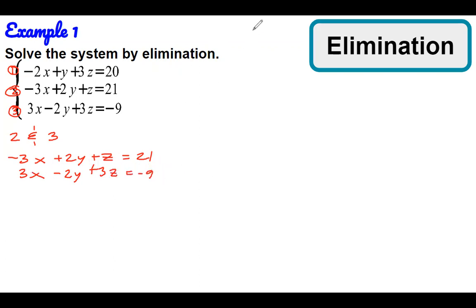All right. I am going to combine them. They're already simplified and written in opposite signs. So all I have to do is add. I'm going to add them together.